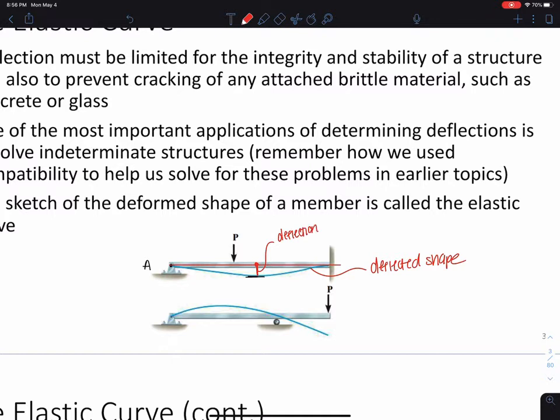We can call this Y, because it's in the vertical direction for beams. You'll also see it as delta, and you'll also see it written as this fancy little V shape. Whenever you see this V shape, I'm always going to draw two little tails on the V so that we never confuse it with shear, because that can get confusing. But any of those just mean deflection, all the same, just different notation.